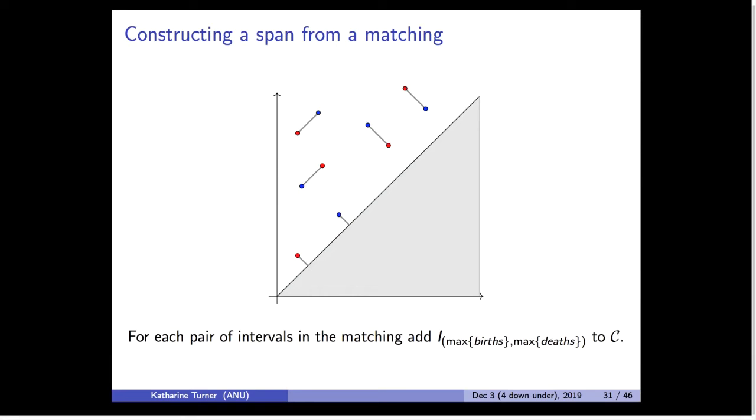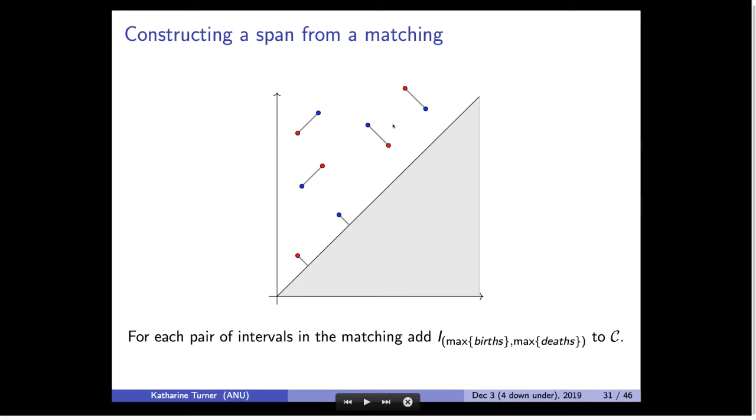I want effectively a third point, which I haven't drawn there. Oh, I'm sharing my screen so I can show that. I want a point here, so that its birth time is at least as late as both of them, and its death time is at least as late as both of them. So this point sends down to here and to here, and those both make sense within a morphism.